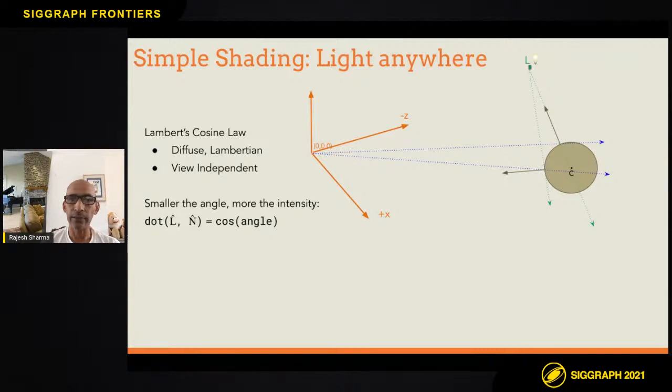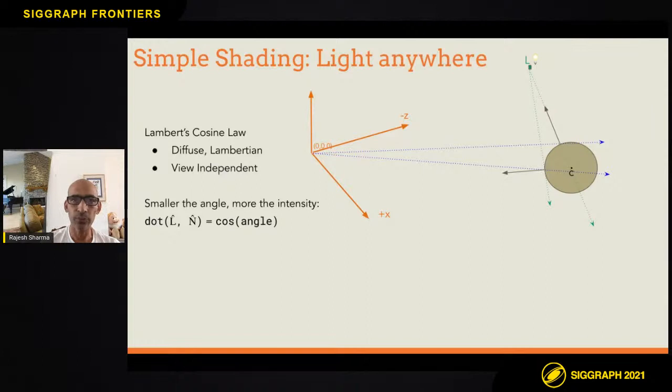So the smaller the angle, the more the intensity, and as you move away from the light, you get less intensity, and you can use that cosine value to modulate the surface color, and that will give you a diffuse look. So diffuse objects are things that are not emitting light, they're not reflecting light, they're kind of like a cotton cloth almost, or a diffuse paint. So there's a specific set of objects that exhibit this property of being Lambertian or diffuse, and are view independent and only depend on the position of the light and the object itself.